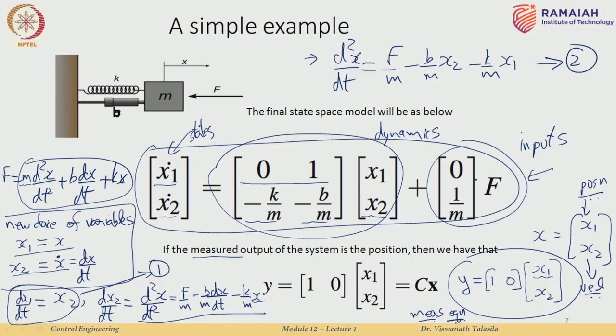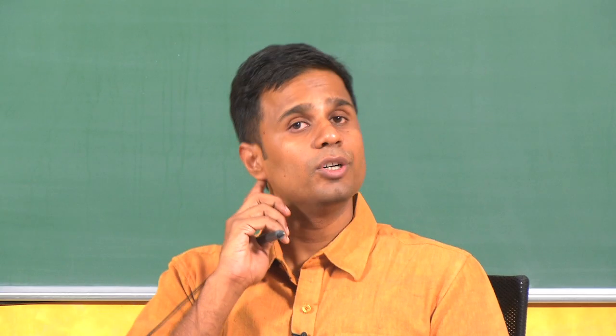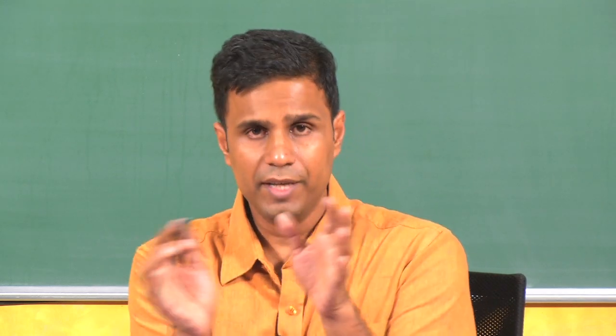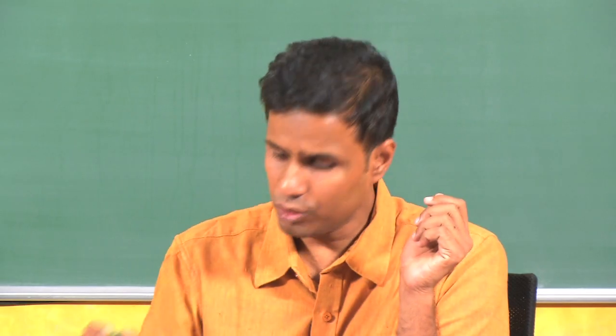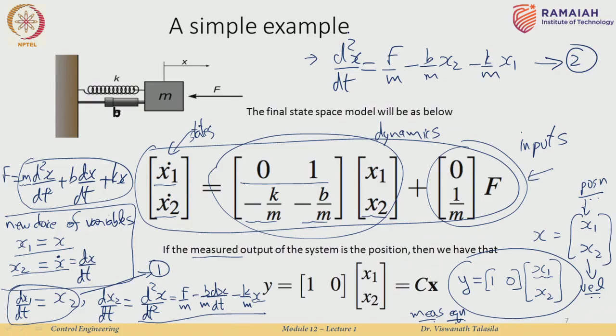Now let us go ahead; we will come back to this in a slightly more complex example. We will also look at the basic theory of how to write an nth order differential equation in the form of state space systems. But the basic idea is always this: you start off with the basic differential equation. You make a new choice of variables, and the number of such variables is equal to the order of your differential equation.